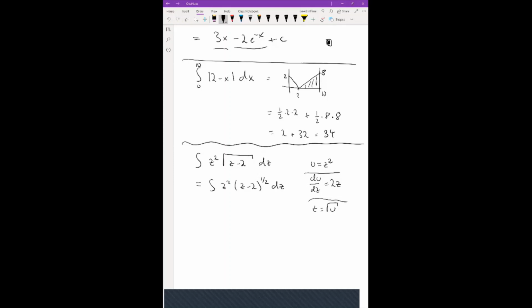Okay, now if you plug this in, so c squared is u, c is the square root of u, and what is dc? du dc is 2c, so dc is 1 over 2c du, and c is equal to the square root of u, so you have dc equal to 1 over 2 square root of u du.